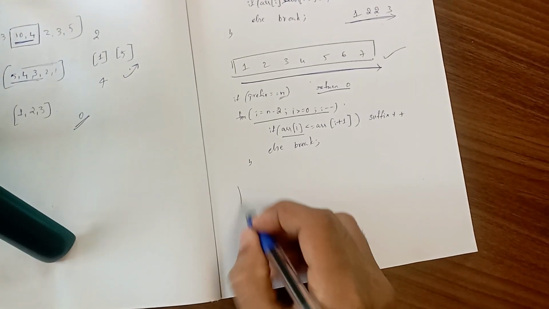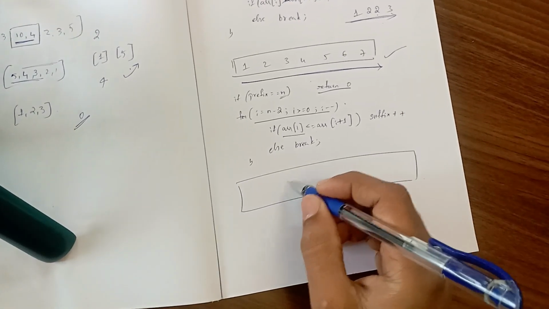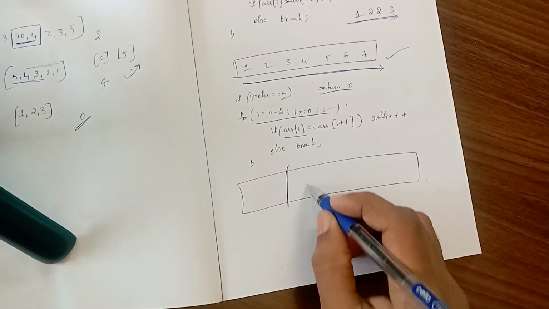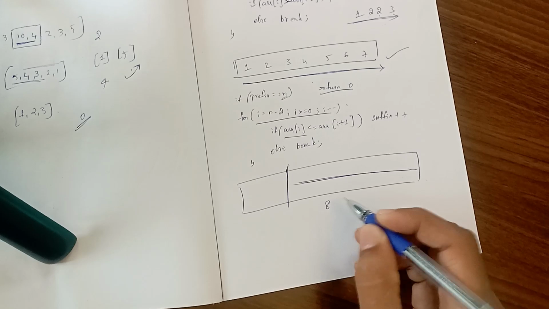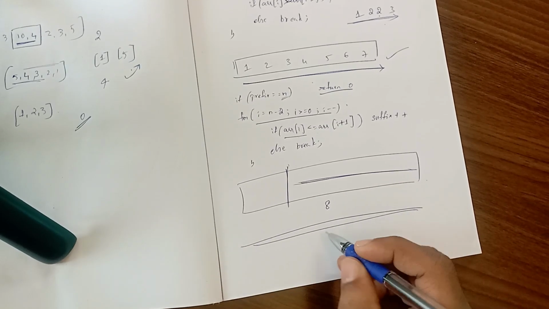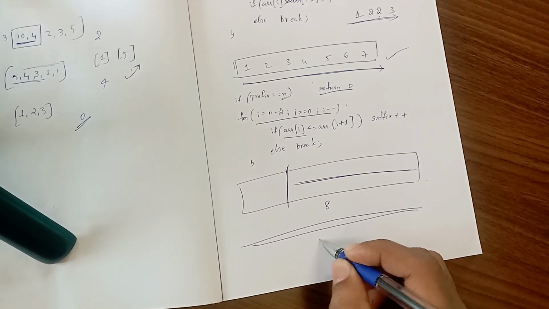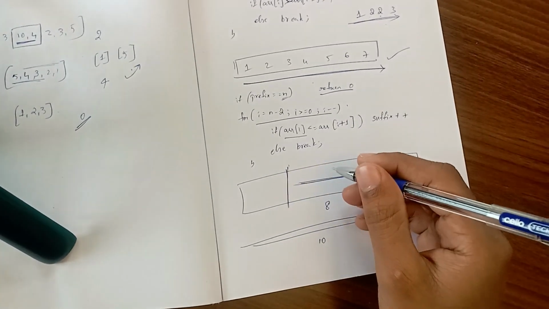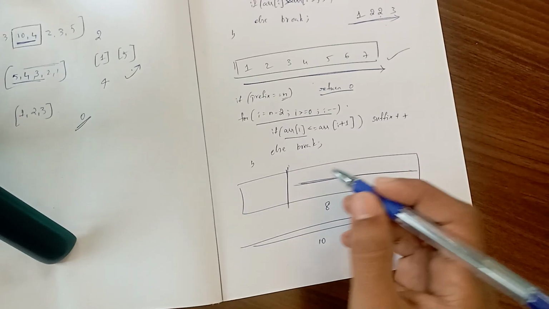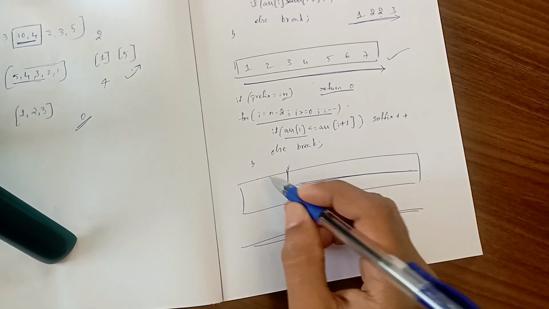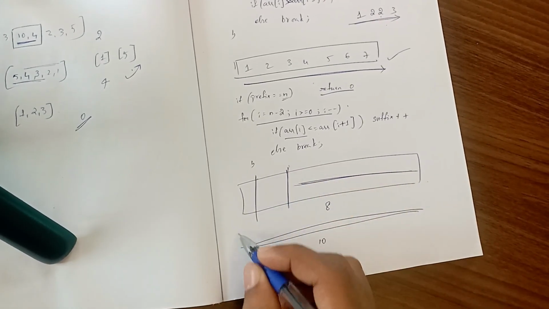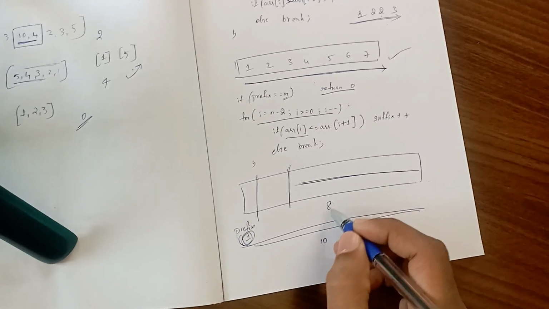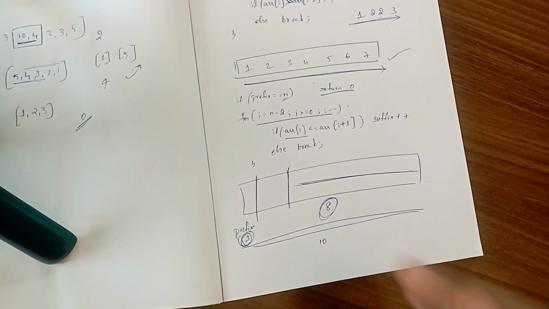So in this observation, imagine we got the suffix as length 8 and the length of the array is 10. So what is the best case to remove? For example, we got a prefix as 1 and a suffix as 8.